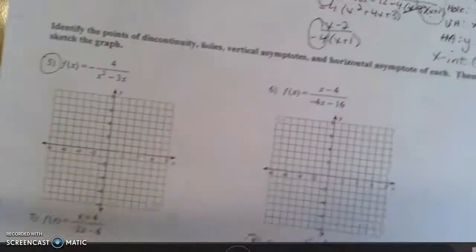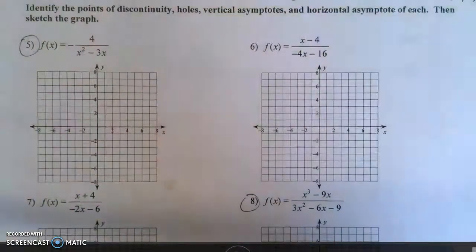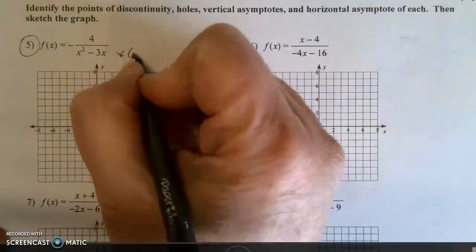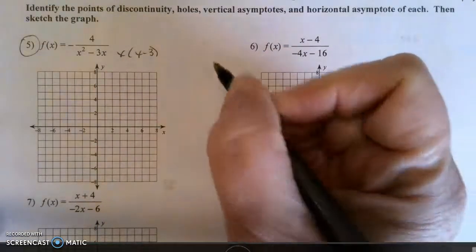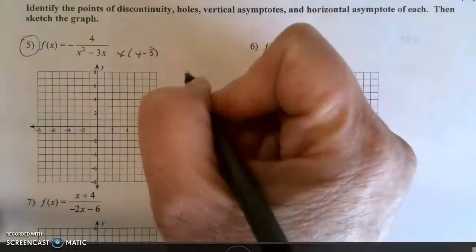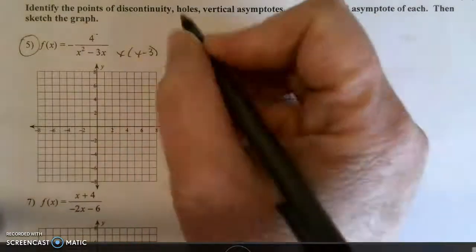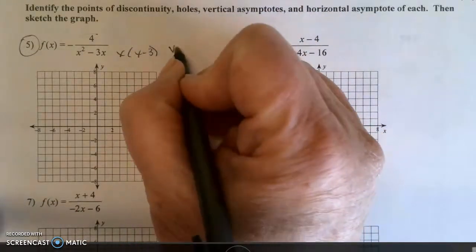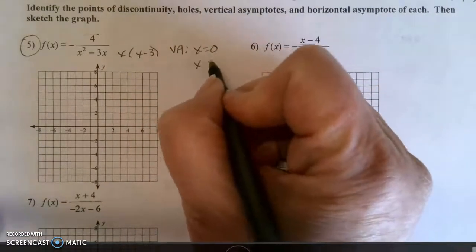All right, let's start graphing. Now I know all of the steps. So I'm going to have a lot of things to find. I'm going to factor this. Okay, so my points of discontinuity, I have x equals 0 and x equals 3. Nothing's going to cross off. So I'm going to start with my vertical asymptote, x equals 0 and x equals 3.